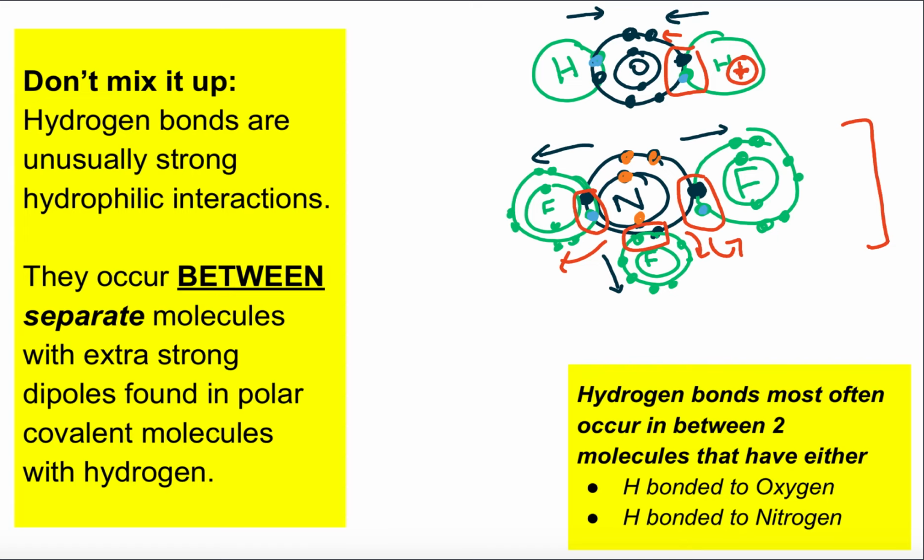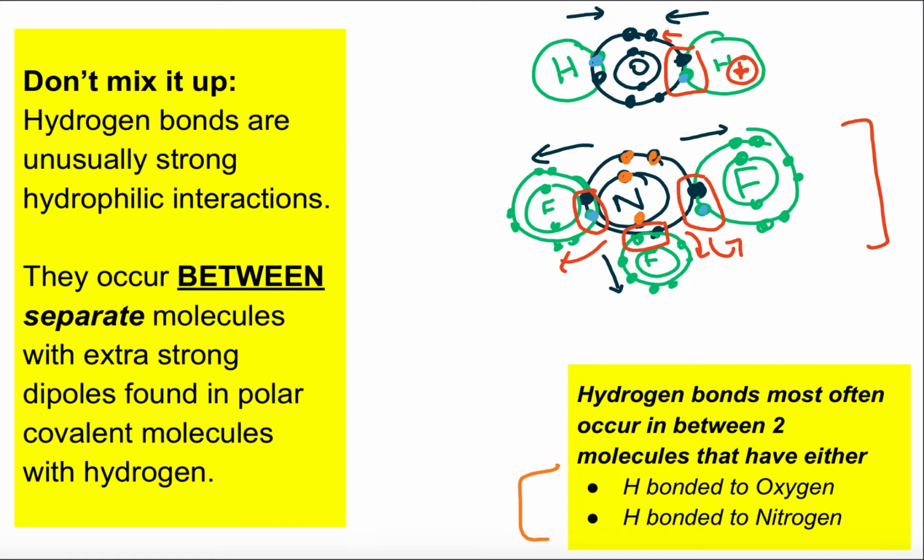So its partial charge isn't quite as potent as would be found on a hydrogen bonded molecule with a polar covalent bond. But basically, just watch out for molecules with hydrogen and oxygen or hydrogen and nitrogen.